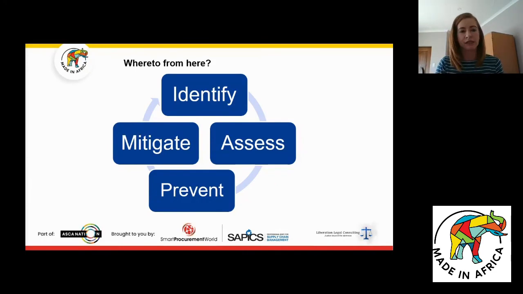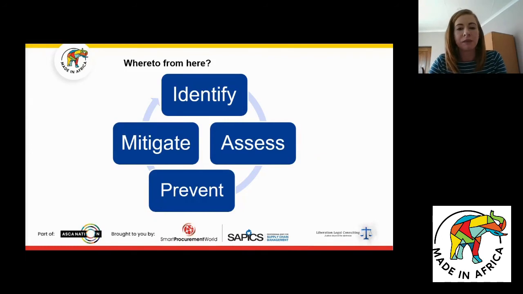So this entire process is then contained within a written anti-modern slavery policy within the business. And this then provides the guidelines going forward, depending on the potential risks that have been identified after conducting due diligence on your suppliers or doing a risk assessment within your operations.